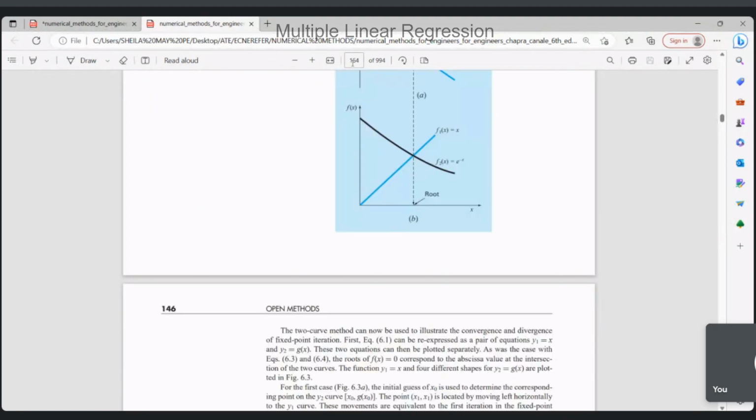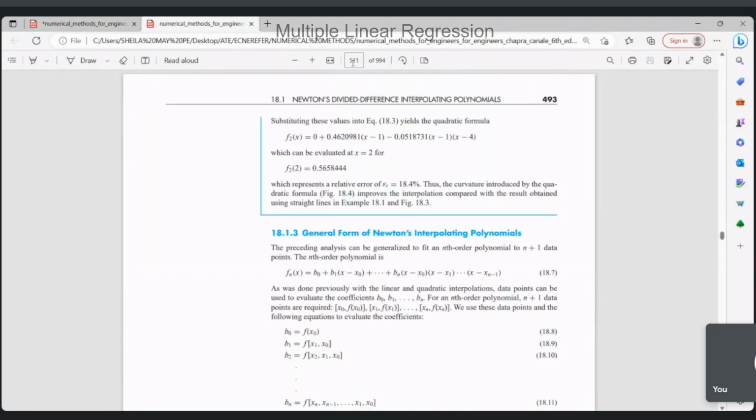Okay? Please go. Okay, diha lang ko kutob sa linear interpolation and quadratic interpolation. So, sa atong Newton's divided difference interpolating polynomials. For next meeting, I will be discussing the continuation of NDDIP.